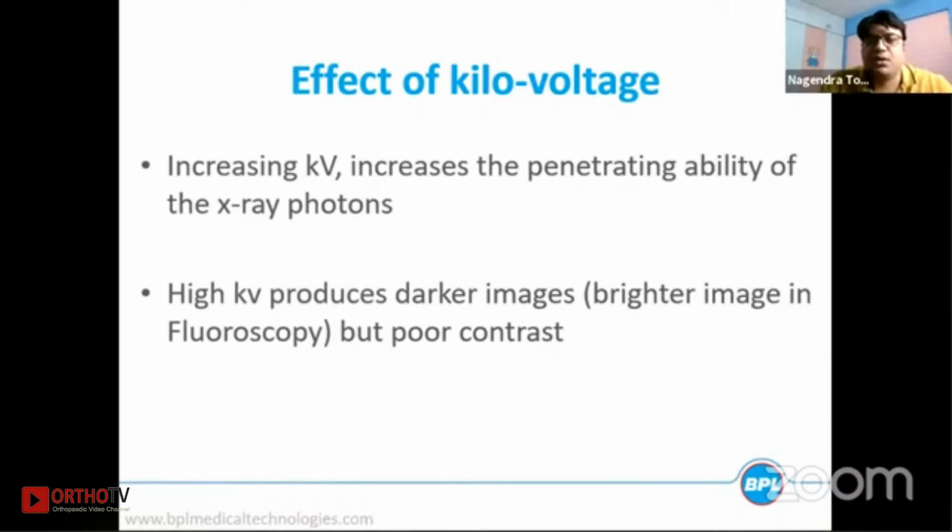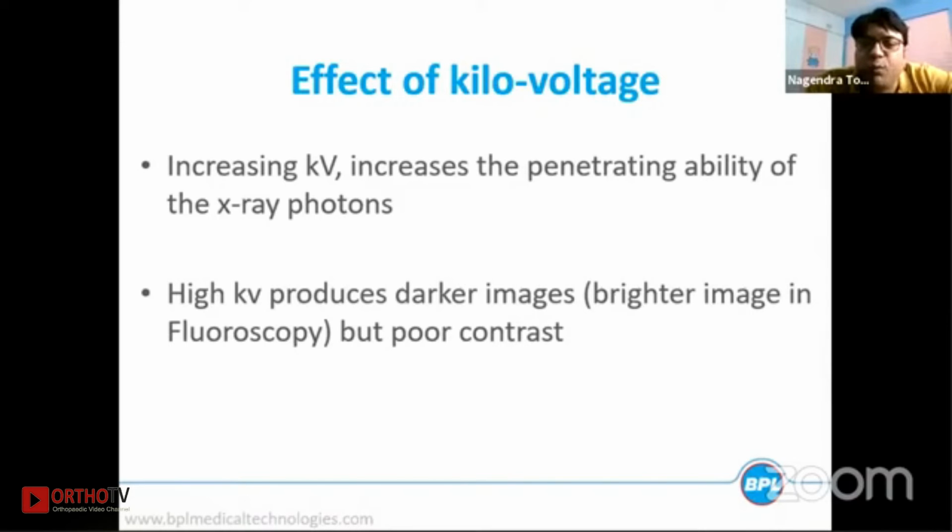So what is the effect of kV? As we all know, kV is the penetration ability of the X-ray photon, and it produces contrast in the image. On X-ray film, once kV is higher, you will get a darker image. But in a C-arm it is the other way around: the higher the kV, the brighter the image, but you can lose contrast.